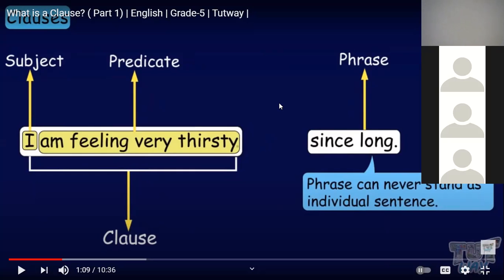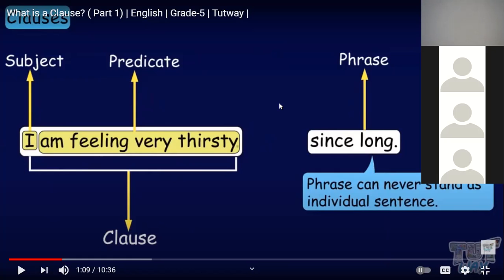Okay. Here, "since long" has what? Two types of parts of speech. Maybe it's prepositional or adverb. Okay, so plus three for the ones who said prepositional. Yes.